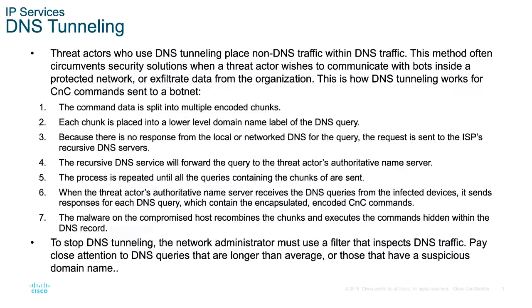So we must filter and inspect DNS traffic for us to detect and mitigate this type of activity. Now, one of the things you can do is only allow your information from a certain set of addresses.